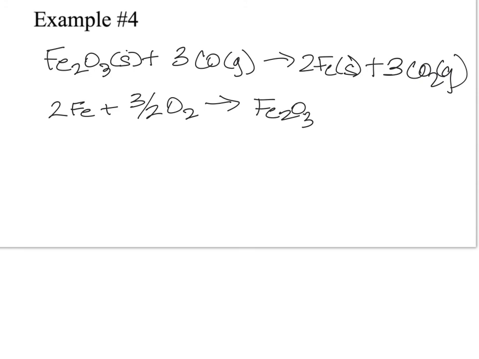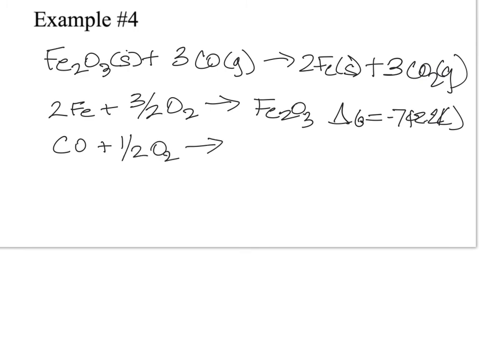I know delta G for that half reaction is equal to negative 742.2 kilojoules. The other half reaction we have is carbon monoxide plus 1/2 oxygen goes to carbon dioxide. And delta G for this half reaction is negative 257.2 kilojoules.